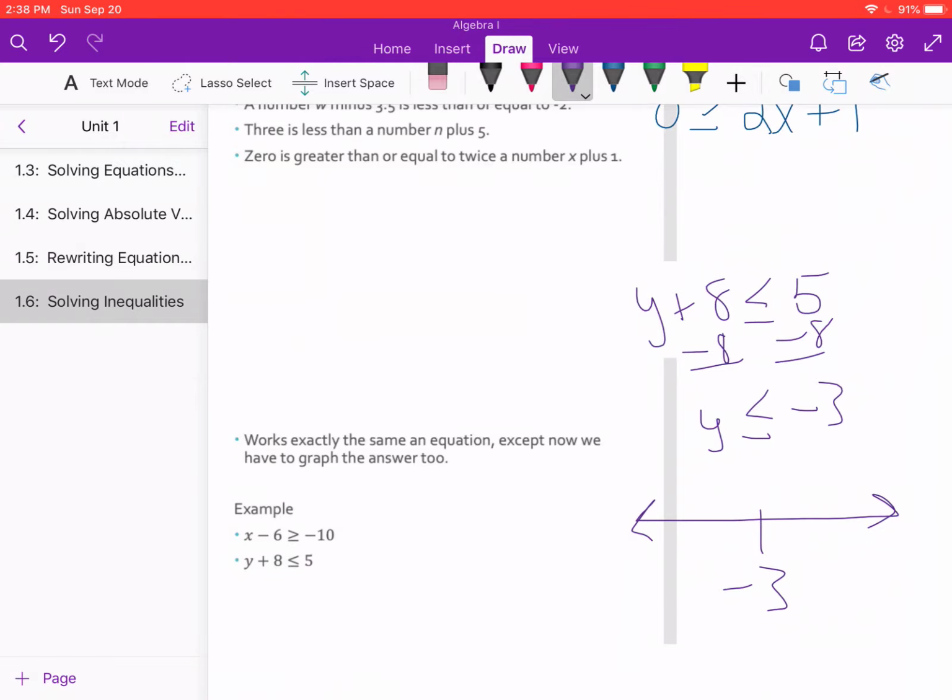Since we have that equal to, it's going to be a closed circle. Let's pick a number and see if it works. I'm going to pick negative 4. Negative 4 is less than or equal to negative 3. That's true, so I'm going to point toward negative 4. And that's how graphing works.